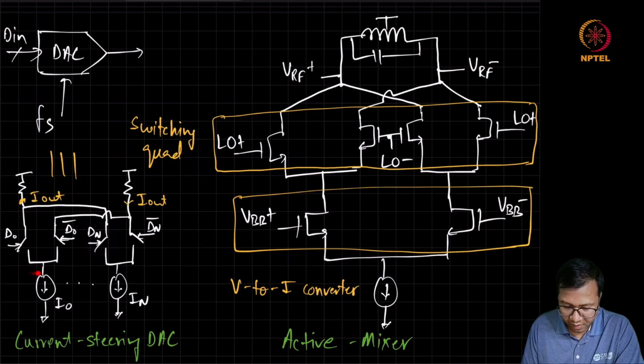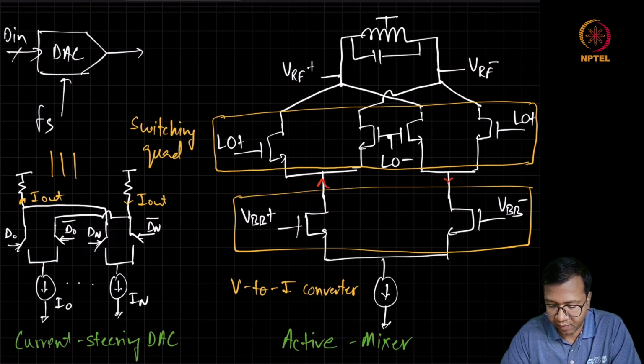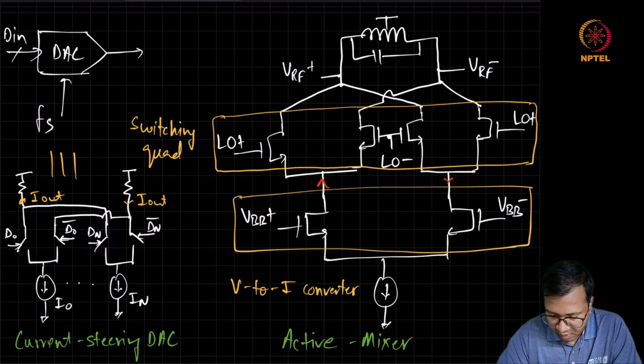So one point to note here is that in the case of active mixer, also we generate this baseband current, which are finally up converted with the help of switching quad. And in the case of current steering DAC, it can also directly generate this baseband current.